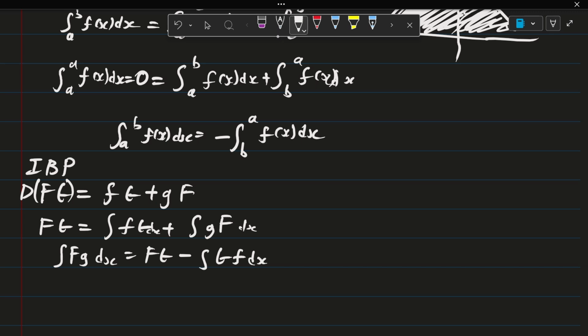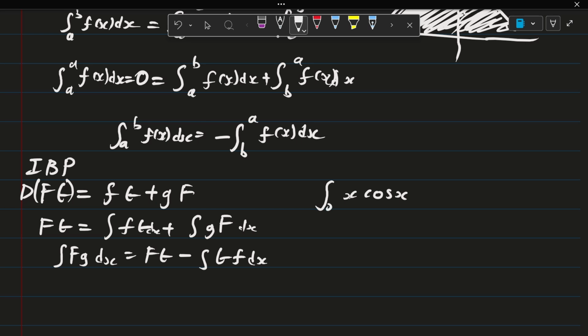So maybe this might not make sense. Let's actually do an example just to see how easy it is to use this property. One example is the integral of x cosine x.